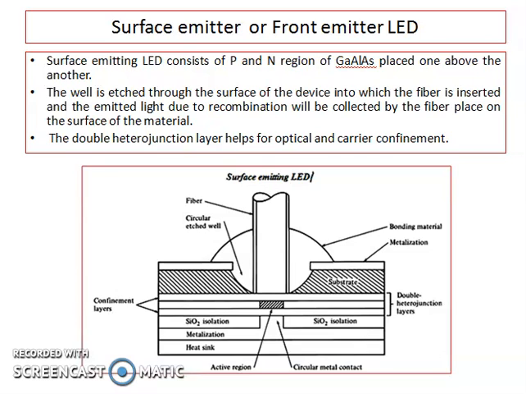The double heterojunction layer helps for optical and carrier confinement. So this is the well where we are placing the fibers, and this double heterojunction layer helps to make the emitted light focused in one direction.